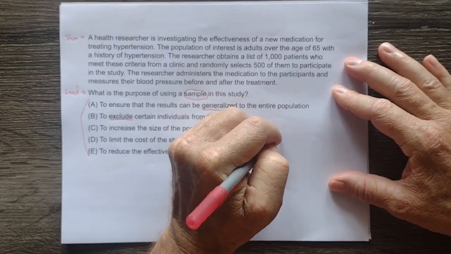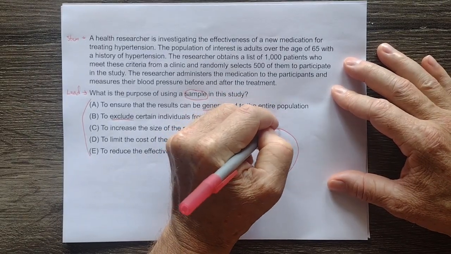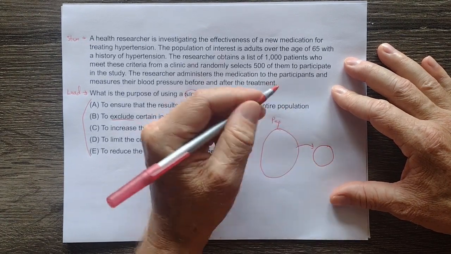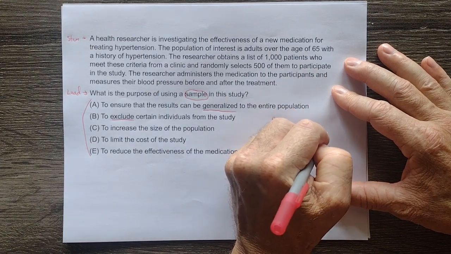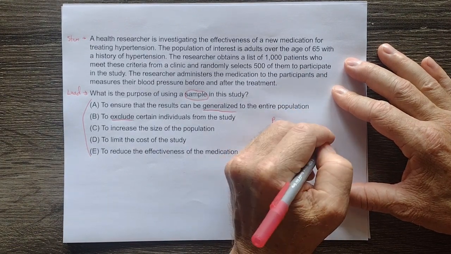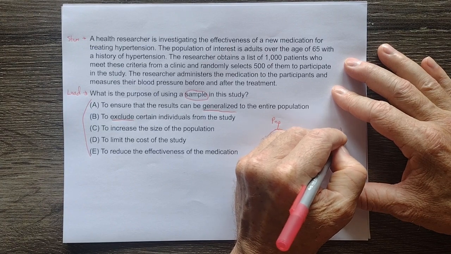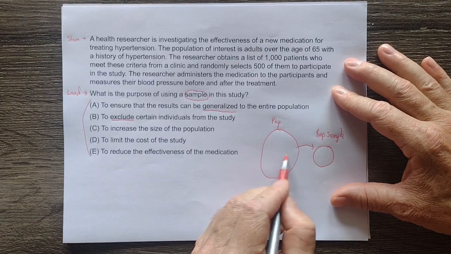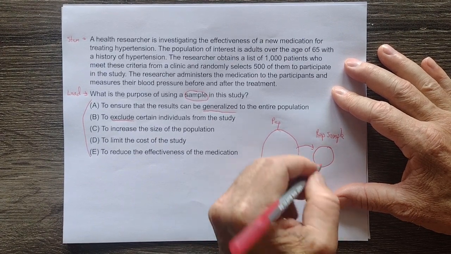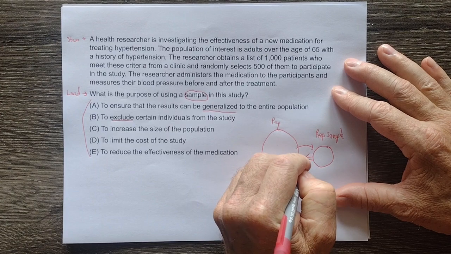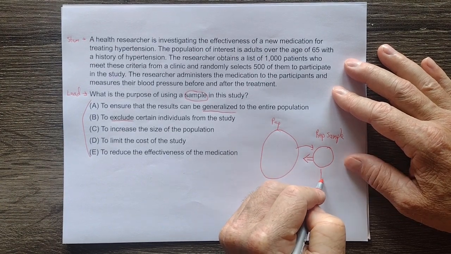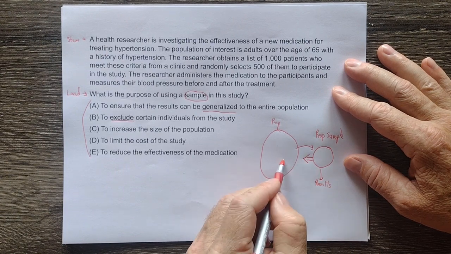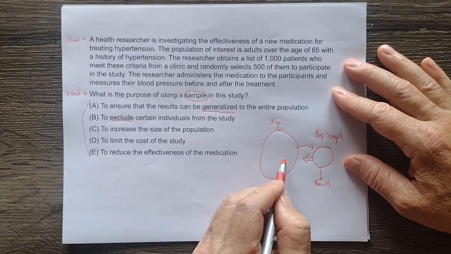Remember, the population is going to be the entire group of individuals, and what we are trying to do is take a representative sample. What that means is that the characteristics that are important here are going to be represented in the sample population. So ultimately we can say the results will be able to be generalized or compared to the population.